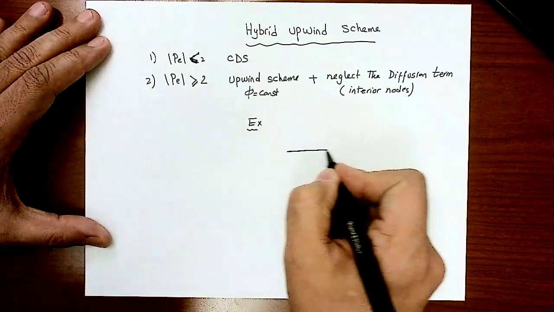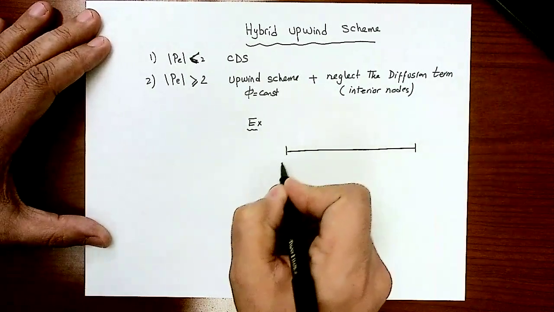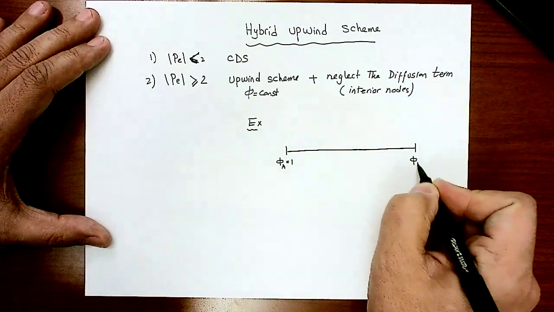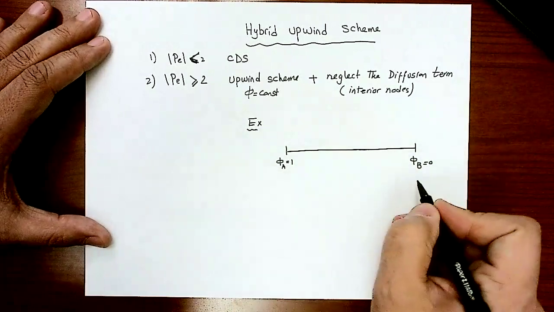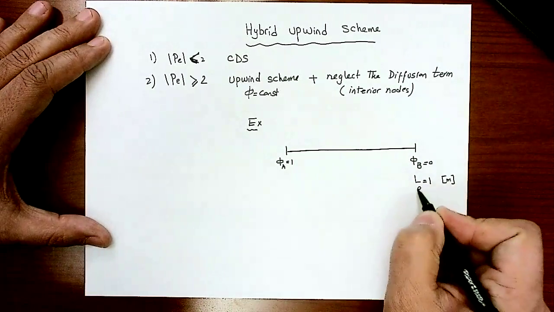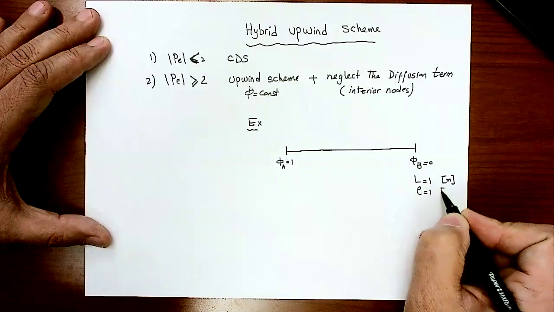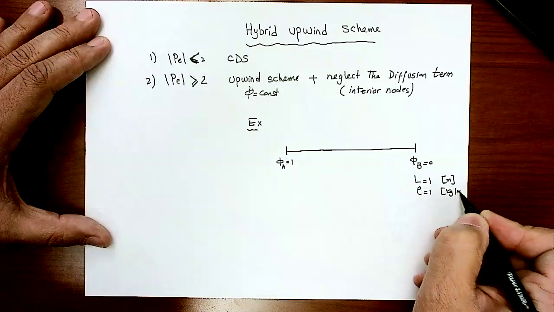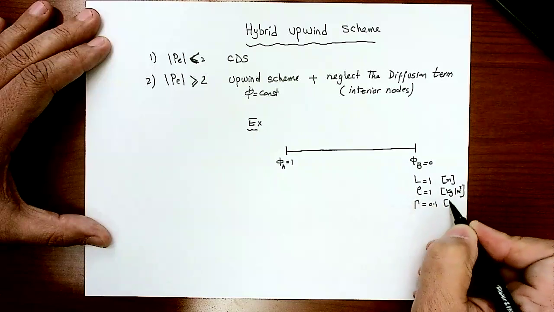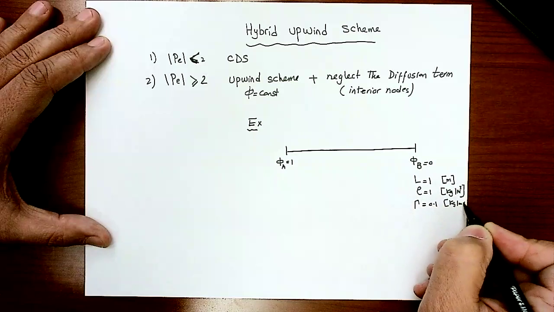I'm going to go back to phi A is equal to 1, phi B is equal to 0. The total length is equal to 1 meter. Rho is equal to 1 kilogram per meter cubed. Kappa is equal to 0.1 kilogram per meter second, right?